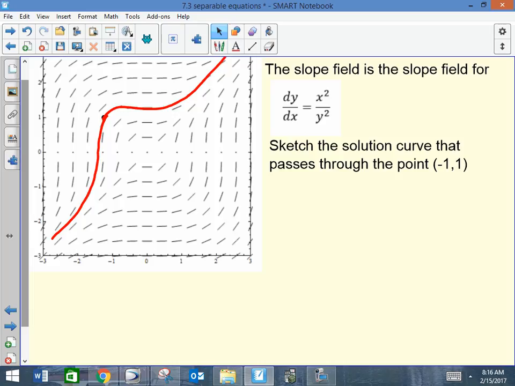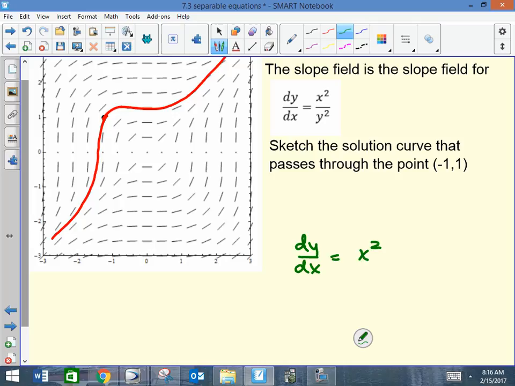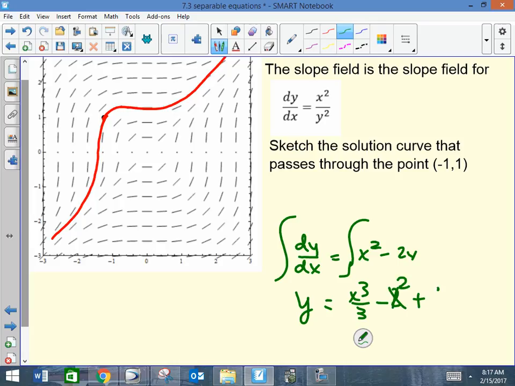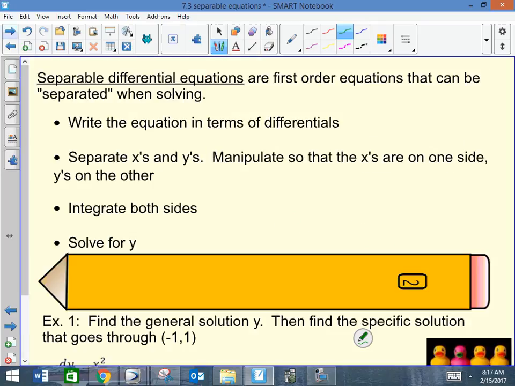Usually it was like dy dx equals x squared, and then we would do this, and we're done. Now the difference here is the y squared. So these are a little bit more specific.